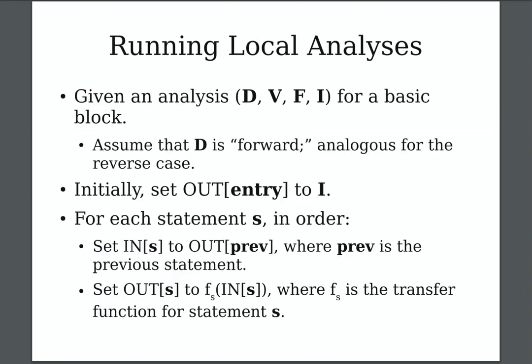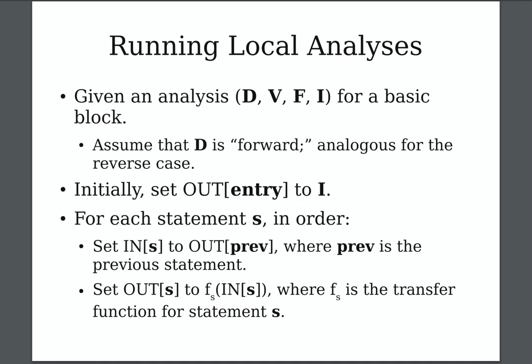So to run these analyses, we can generalize how they are run. Given some analysis, knowing its direction, we initially set the out of the entry to our basic block. So this is just before the first statement in our basic block. We set that to our initial value.